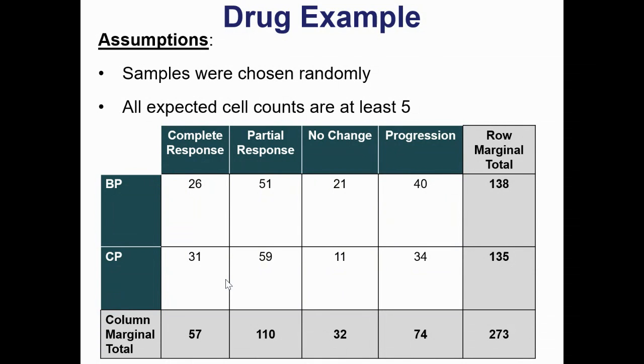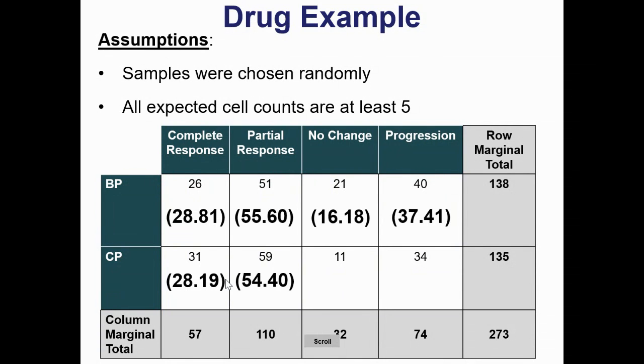And well, we got to check, are all expected counts greater than 5? So we've already done expected counts a couple of times. I'll go on and give those to y'all. Like I said, we've already done them a couple of times. So I've written the formulas down. I trust that y'all either know how to do it or you can ask me for help. So then we've got to look at these. For all the expected counts, at least 5.